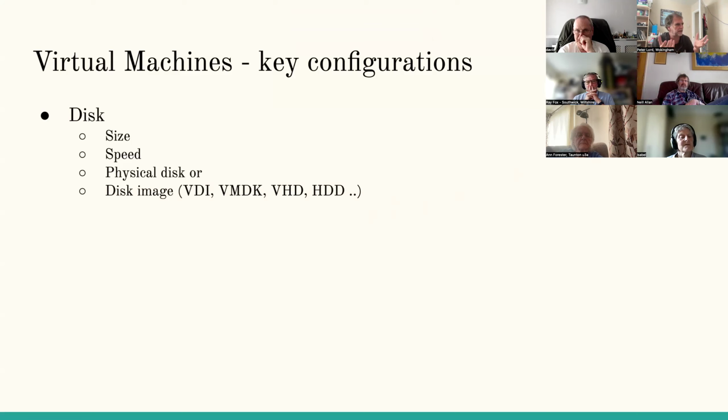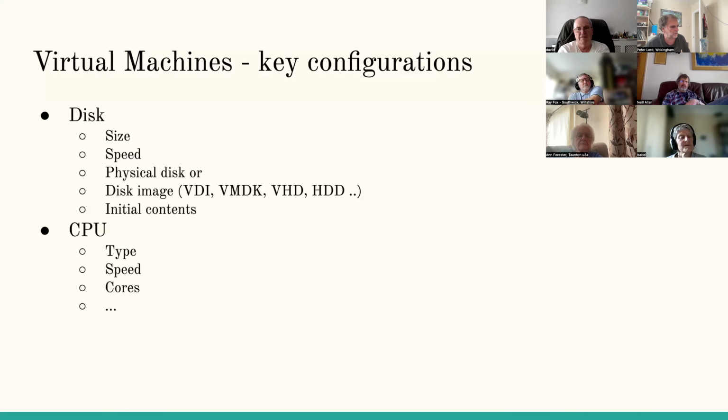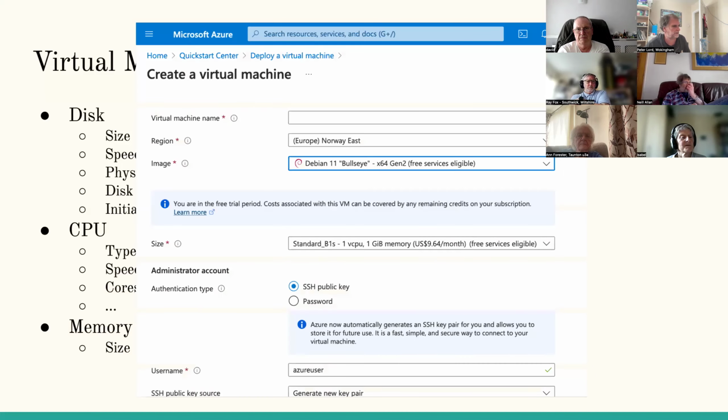Or more commonly, you create a disk image on your machine of a particular format. Then how many CPUs to grant to your virtual machine, type and speed and cores and such like. And mostly really is memory. How much RAM do you want to allocate to your virtual machine?